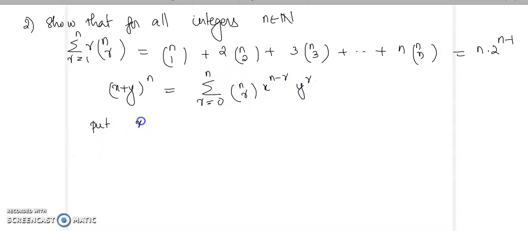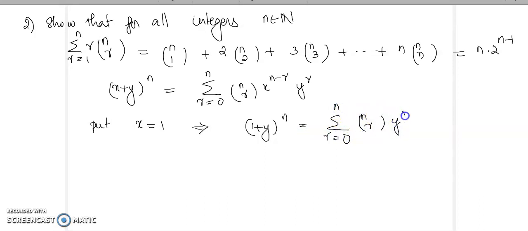Now put x equal to 1 in this expansion. So that will give (1 plus y) whole raised to n equal to summation r equal to 0 to n nCr y raised to r. And now what we do is differentiate with respect to y on both sides.